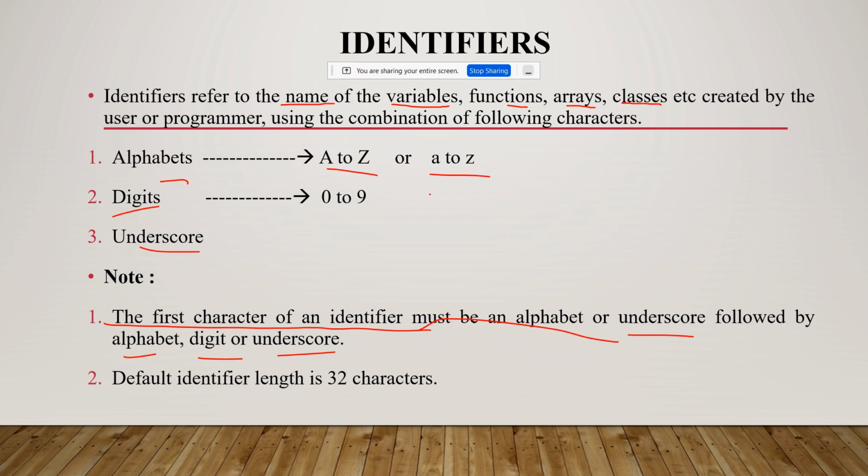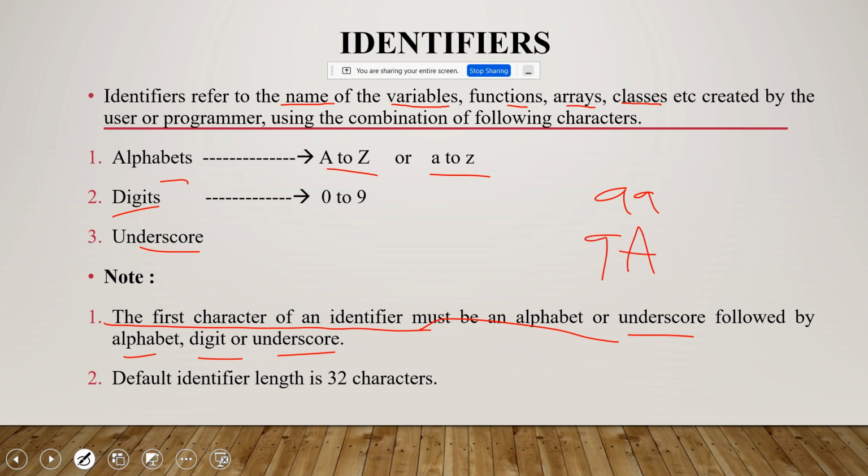I'll ask about some possible names. Tell me whether each is valid or not. For example, I'm going to give a variable name 9a.